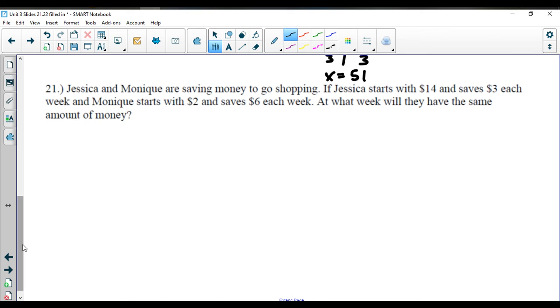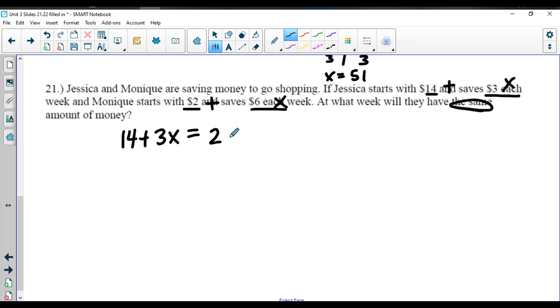Last one, number 21. Jessica and Monique are saving money to go shopping. Jessica starts with $14 and she saves $3 each week. So this one's going to get my x. Monique starts with $2 and saves $6 each week. At what week will they have the same amount of money? So we have 14 plus the 3x for Jessica. Monique is 2 plus 6x.